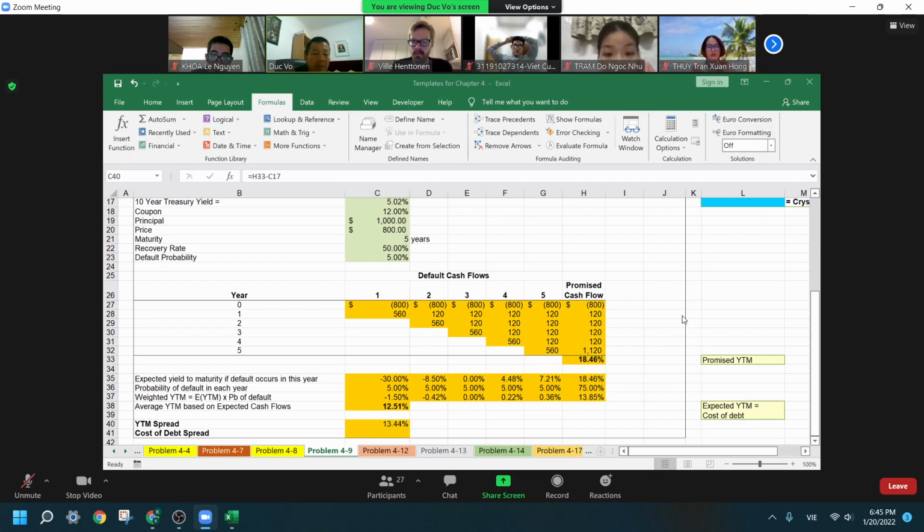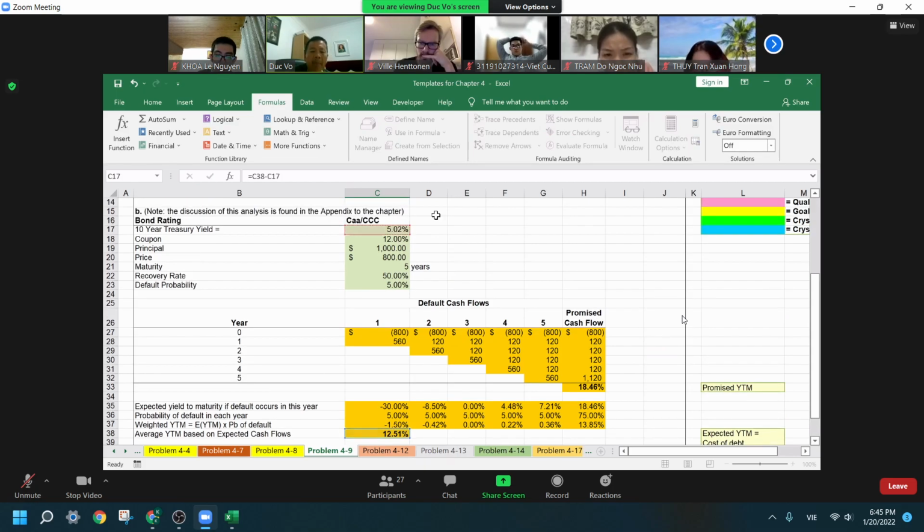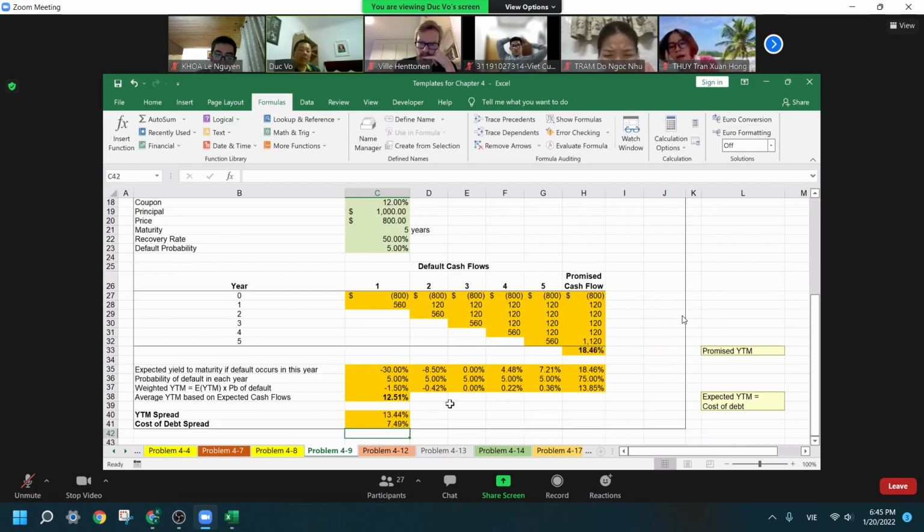But if you look for the cost of debt spread, here it is the difference between your average YTM and the risk-free rate.